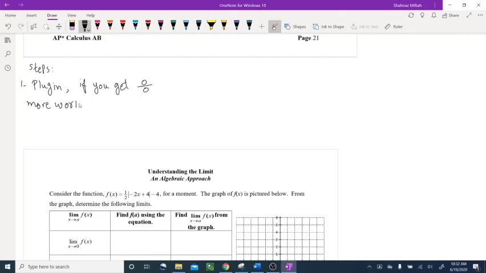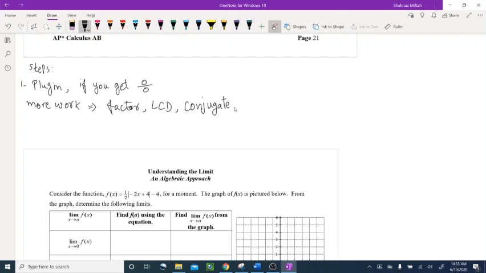0 over 0 means more work. What is that more work? More work means you're going to factor the function if you can. It depends on the function. You factor if you can. Find the least common denominator if it's a fraction. Do conjugate if you have square roots, then you can use conjugate.